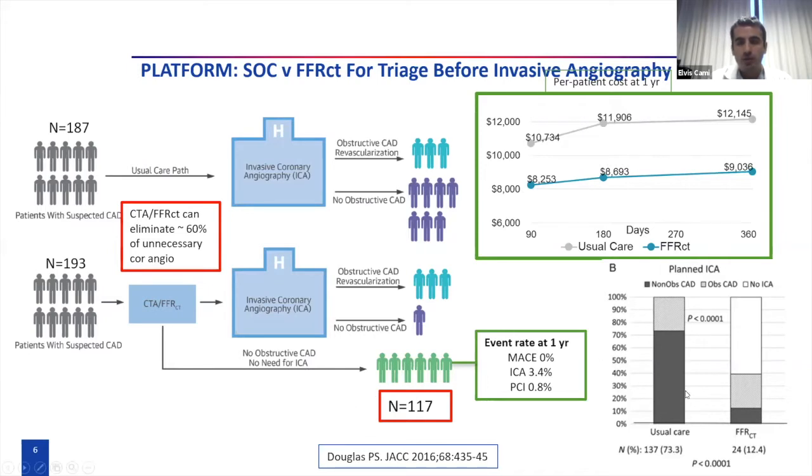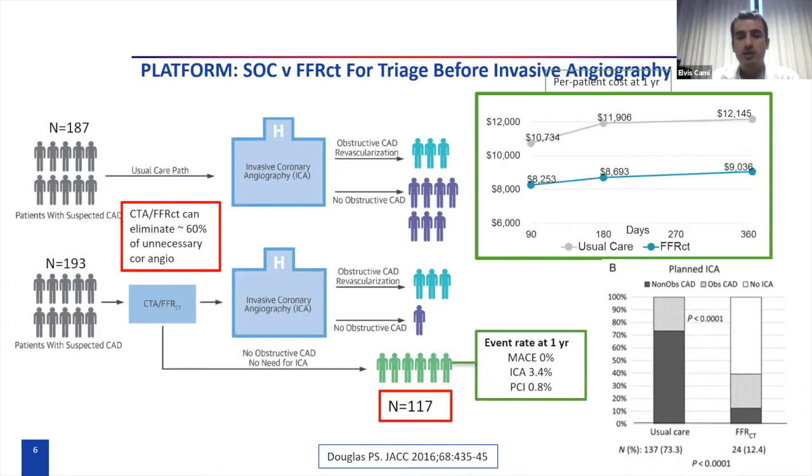So when you compare the two groups here, the FFRct group versus the usual care group, the rate of caths showing non-obstructive disease, meaning that no intervention was done because they didn't need a stent, went from 73% down to like 13% in the patients that have FFR.